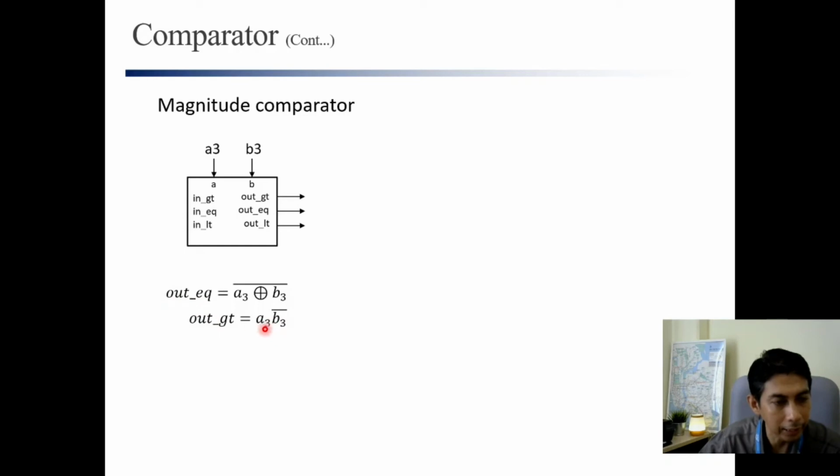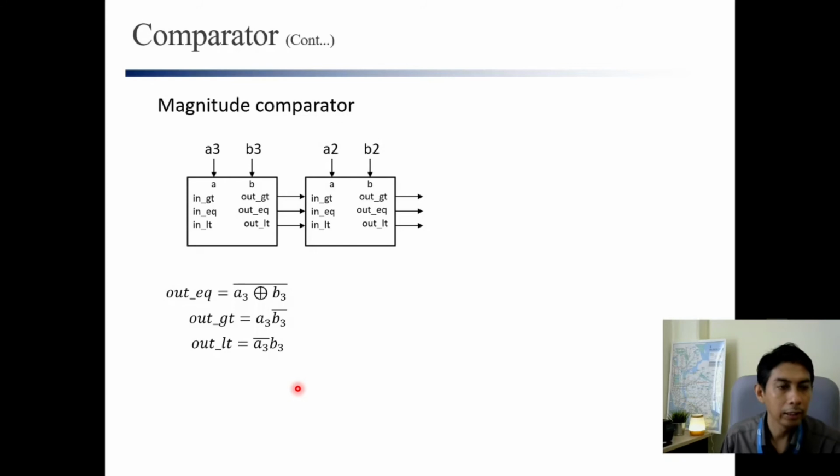This means that A is greater than B. And for less than, we have out LT, or out less. So this is A3 bar, B3. All right. Now, how do we want to connect to A2?